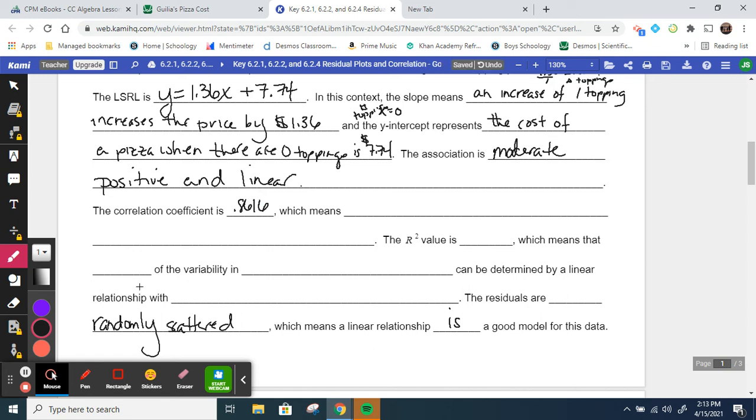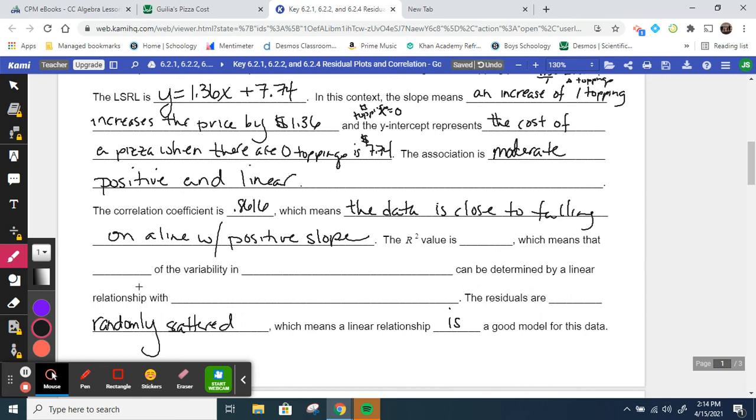So that means the data is close to being on a line with a positive slope. So the data is close to falling on a line with a positive slope.